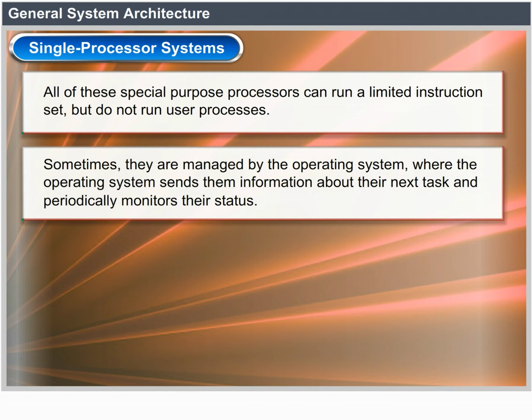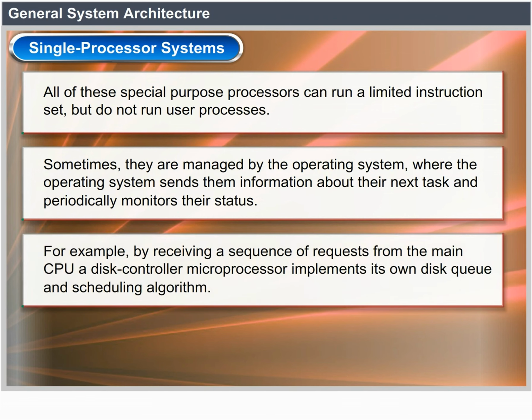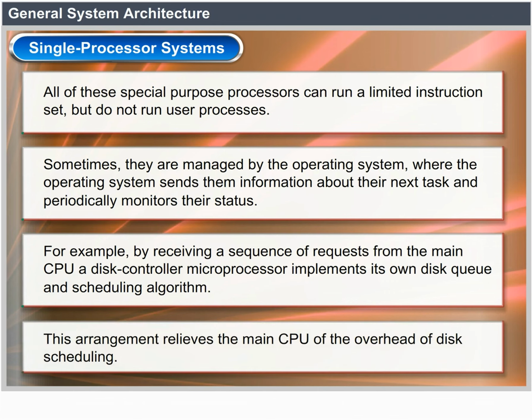Sometimes they are managed by the operating system, in that the operating system sends them information about their next task and monitors their status. For example, a disk controller microprocessor receives a sequence of requests from the main CPU and implements its own disk queue and scheduling algorithm. This arrangement relieves the main CPU of the overhead of disk scheduling.